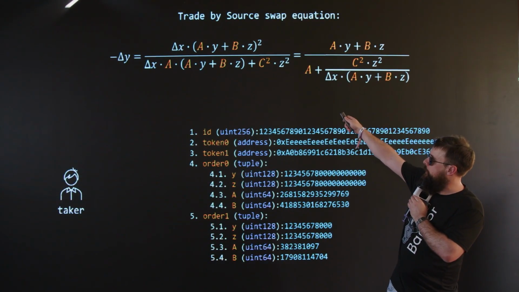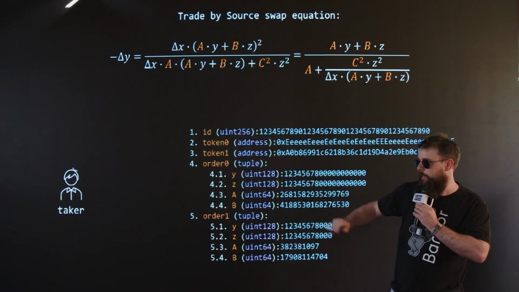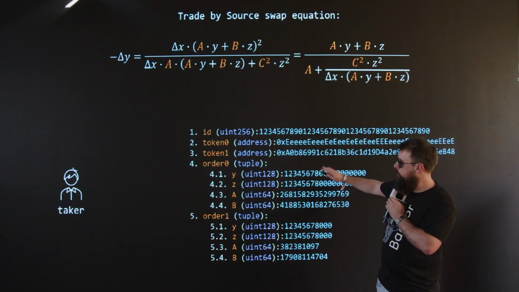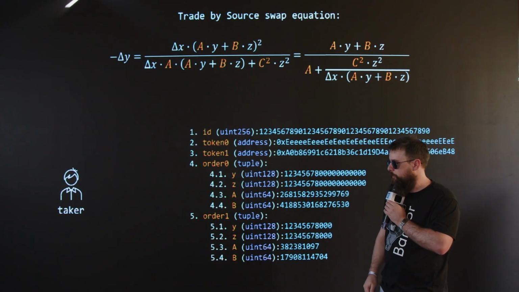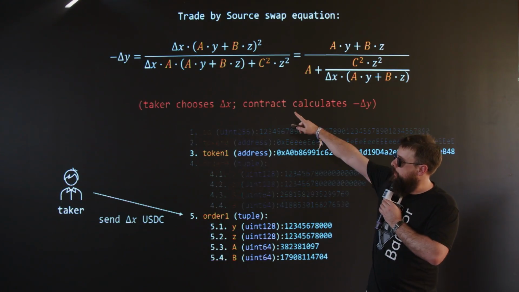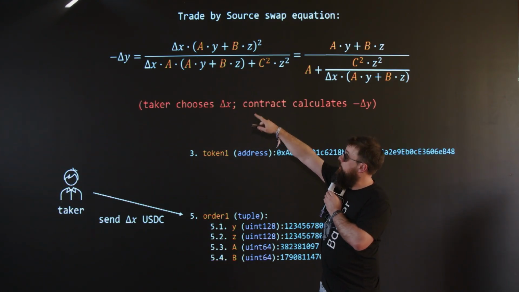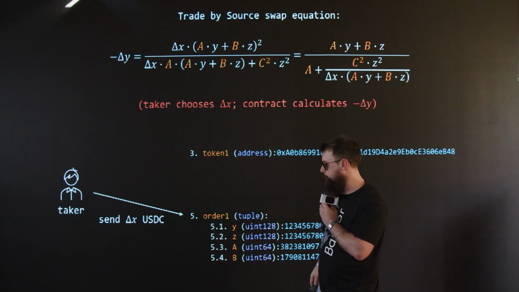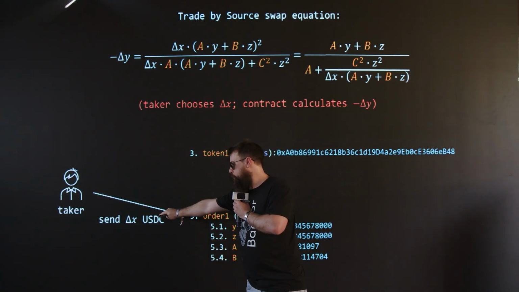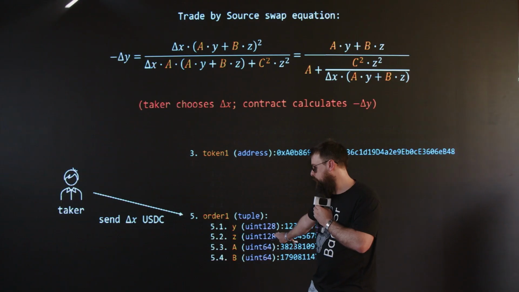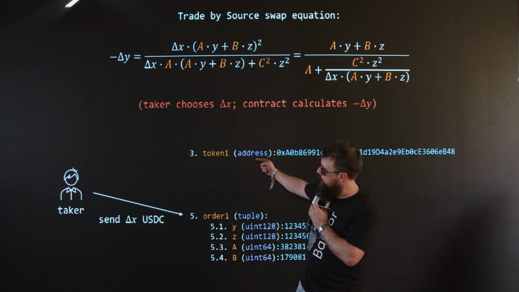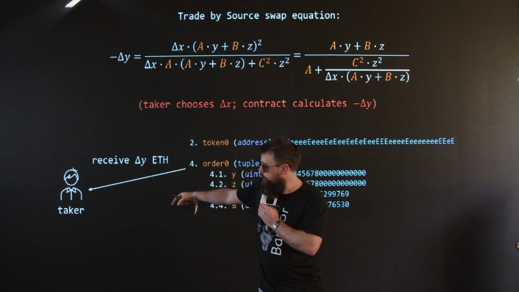But let's just have a look at these particular cases, and here's our taker over here. This is the contract data that they're going to be interacting with. And in this particular case, if they're using the trade by source swap function, they're going to be sending a certain amount of tokens into one of the other orders and then taking tokens from the other order.